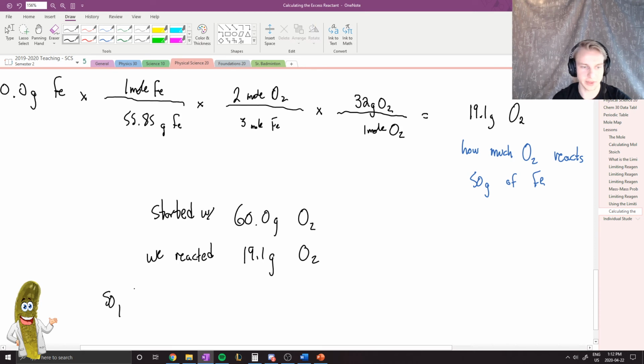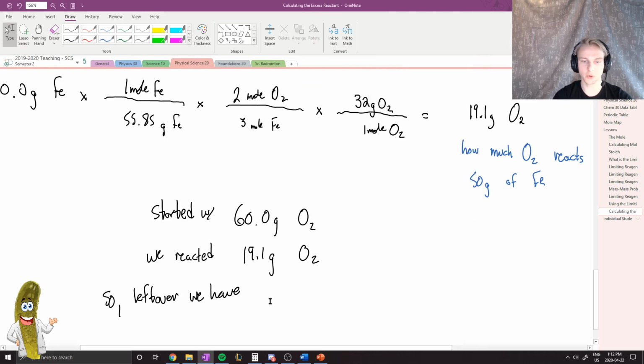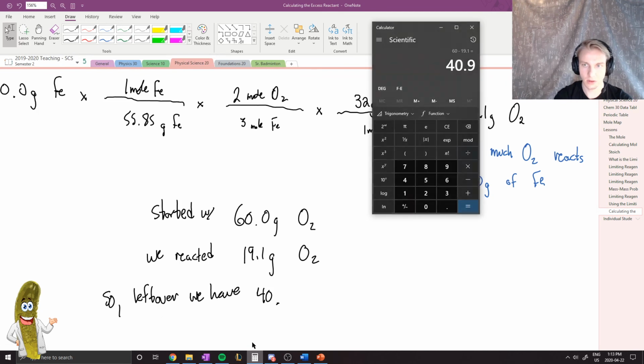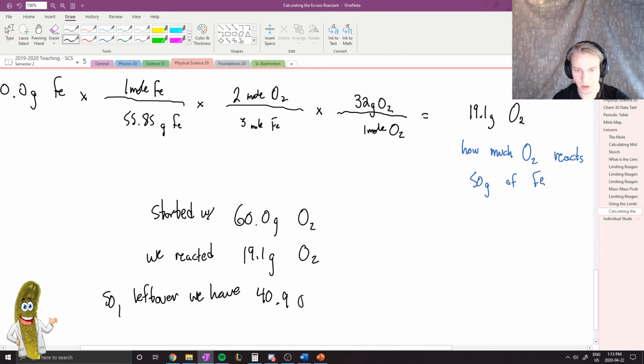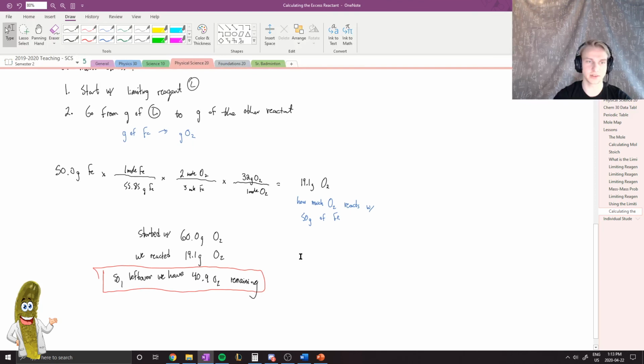So left over, we have 60 minus 19.1. So left over, we have 40.9 grams of oxygen remaining. And that's how you figure out the excess reactant.